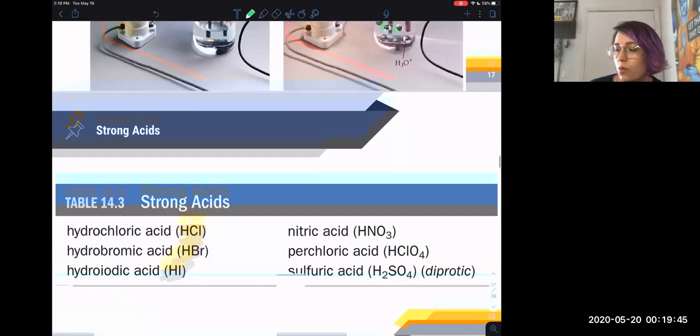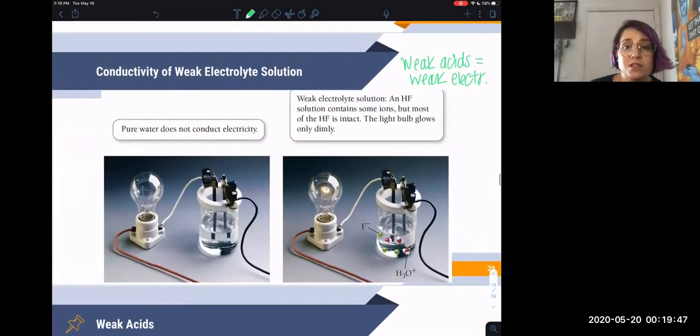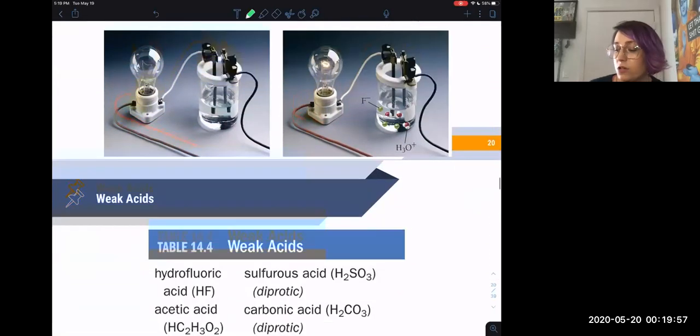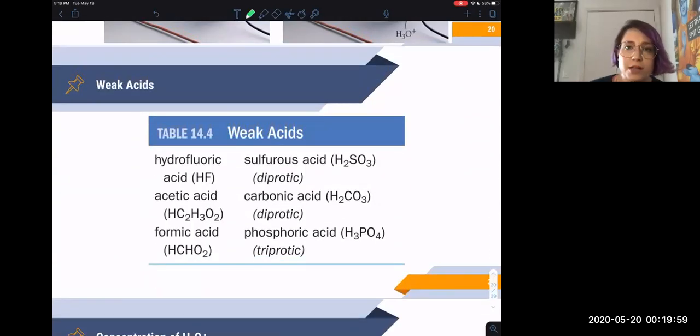Weak acids are weak electrolytes. When they dissolve, 1%, 2%, maybe 5% if you're lucky. Here are some weak acids. You don't have to memorize them. Guess why? You know the strong, you know the weak. If it's not strong, it's weak.